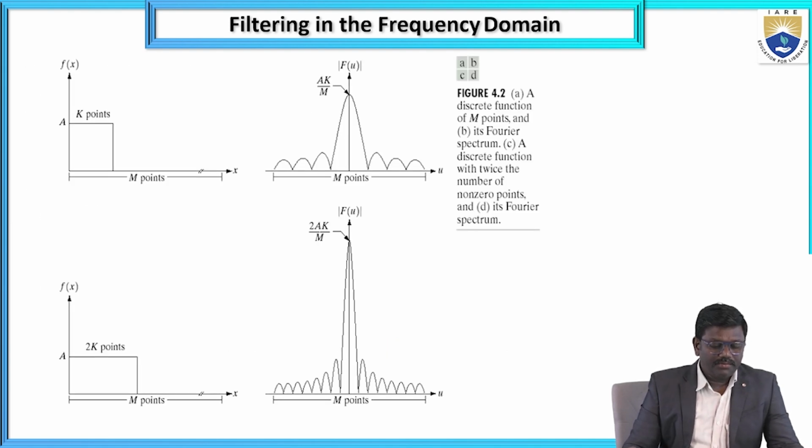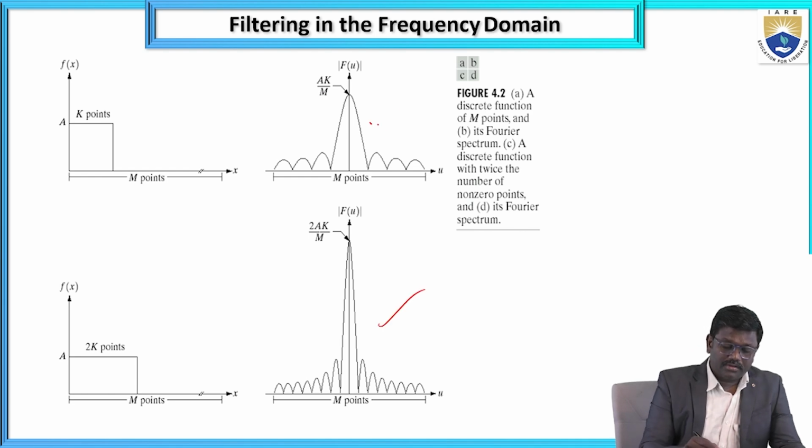So coming to the extended discrete function in terms of M points, the Fourier spectrum and the discrete function based on non-zero points, and how the Fourier spectrum will vary in the M points, negative and positive.